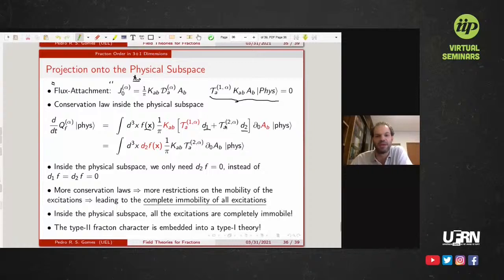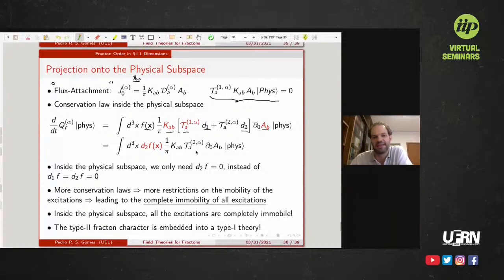But as we are projecting inside the physical subspace, we identify that these terms in red are precisely the condition for selecting physical states.